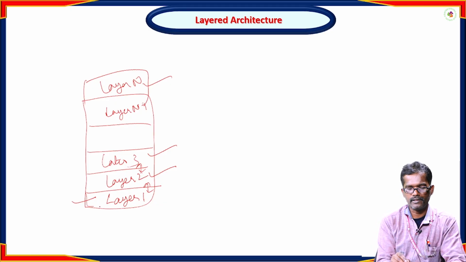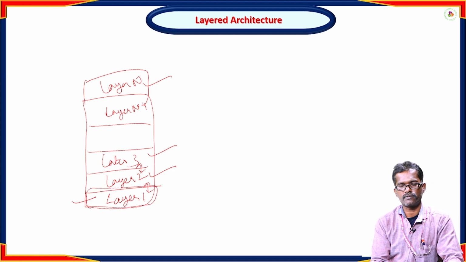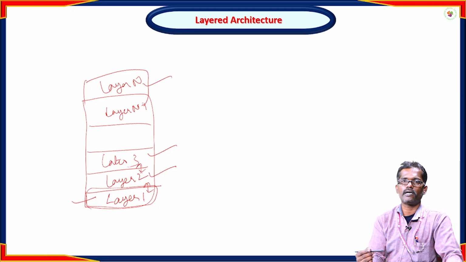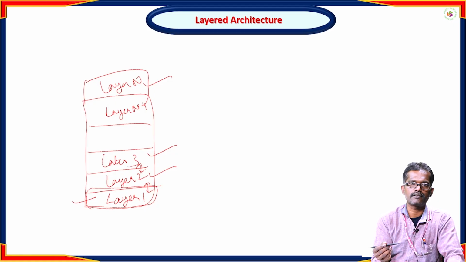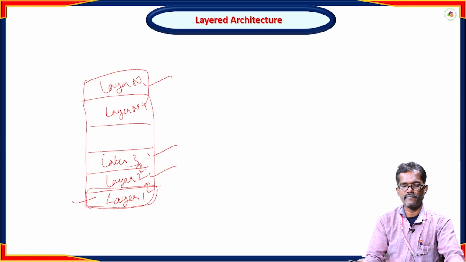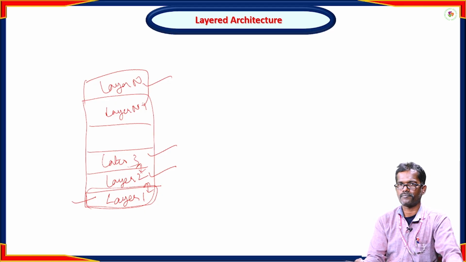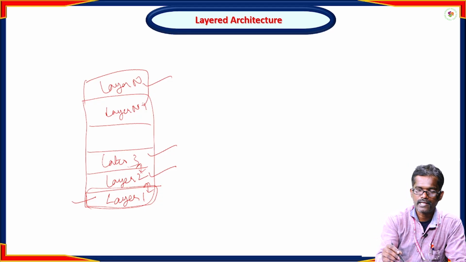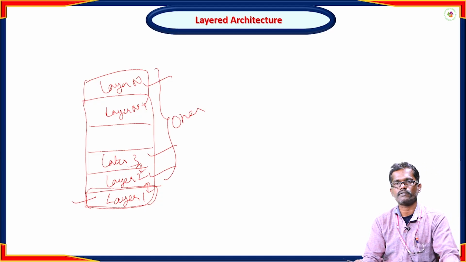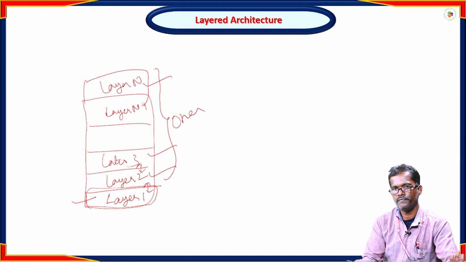Each layer has boundaries; without that boundary it cannot access or do any work. The rules or set of protocols given to a particular layer, that work should be done only in that layer itself. Like that we have n number of layers, and all these layers combine to form one application purpose or one section of work.